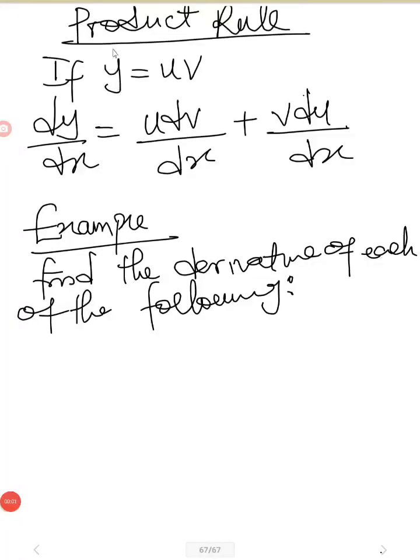Now we want to talk about the product rule. If y is equal to uv, the derivative of y with respect to x will give you the value of u, you write it, multiplied by the derivative of v with respect to x, plus the whole value of v multiplied by the derivative of u with respect to x.